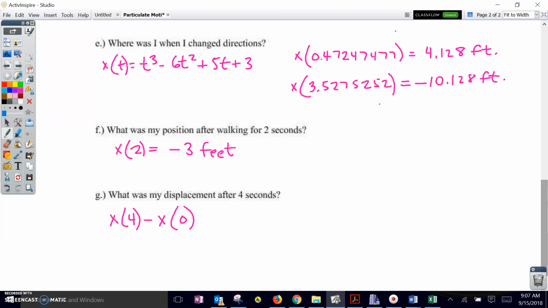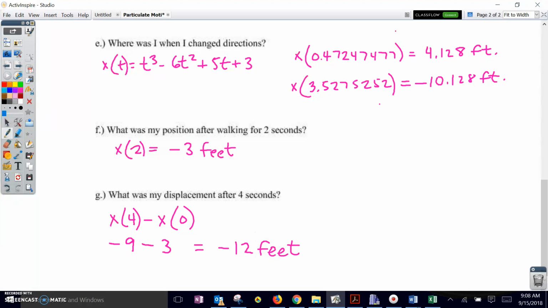So I put 4 in. That's 4 to the third is 64 minus 96. That's negative 32. Plus 20 is negative 12. Plus 3 is negative 9. And at time 0, my position was 3. And so my displacement is negative 12 feet.